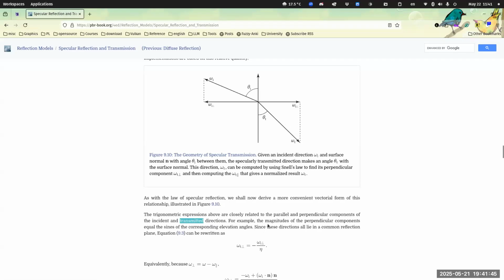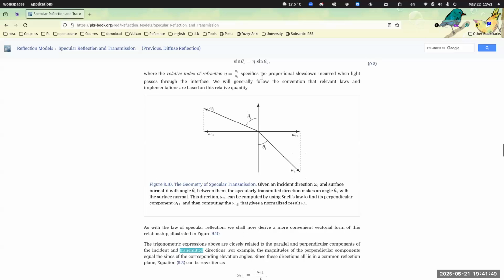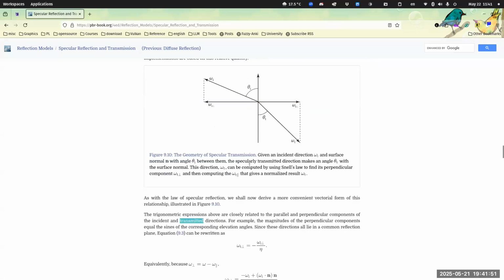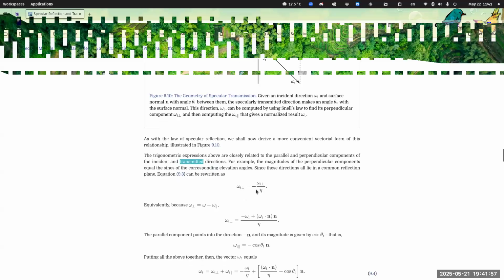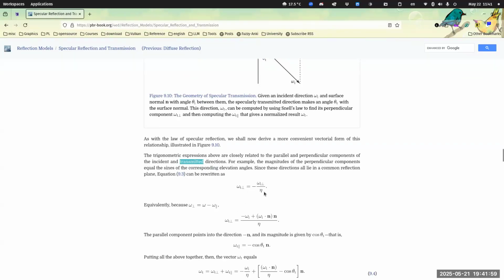So equation 9.3 can be written as this. And then the perpendicular component can be computed as this.